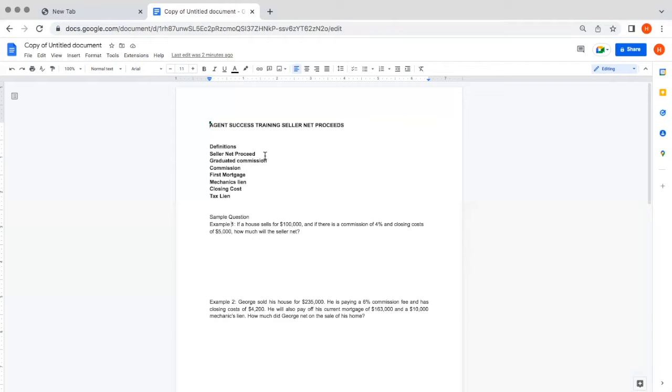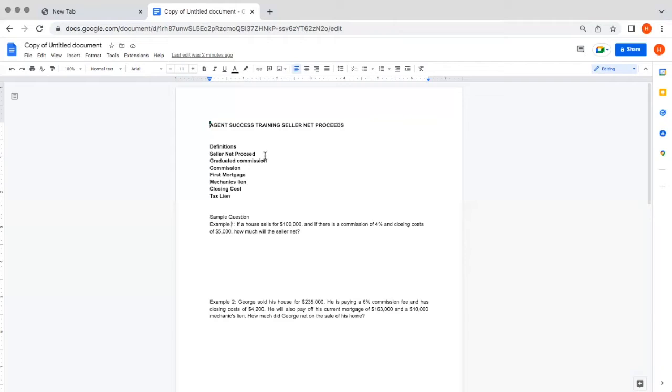So even before the property is listed, you want to have an idea of this. When you go to a listing appointment, you can present the seller with what you think they can net in the transaction with typical fees and things.